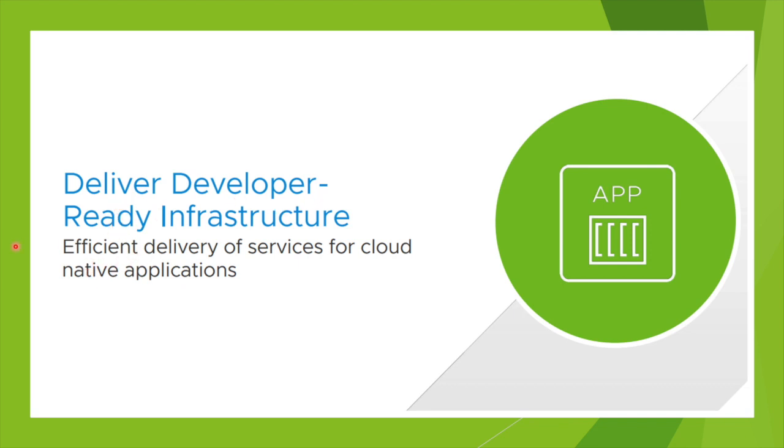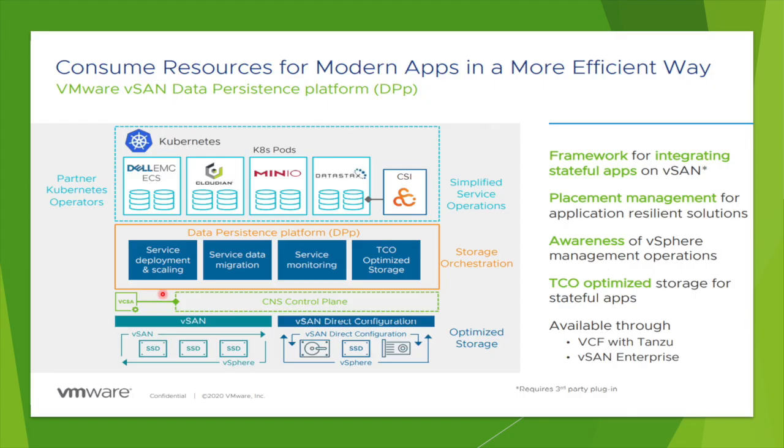So deliver developer-ready infrastructure. That is what vSAN is giving: efficient delivery of services for cloud native applications. If you remember, this slide covers a little bit of how we can use vSAN and then leverage the Kubernetes framework.